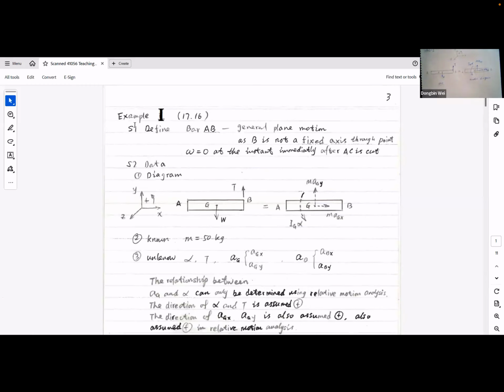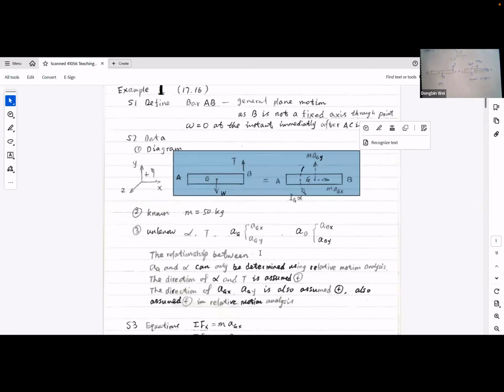In this solution, I already defined this problem, and I have drawn the free body diagram and this kinetic diagram. I know the mass of this uniform bar is 50 kilograms. I don't know alpha, I don't know T, I don't know a_G.